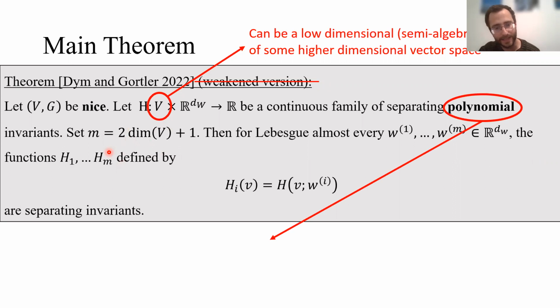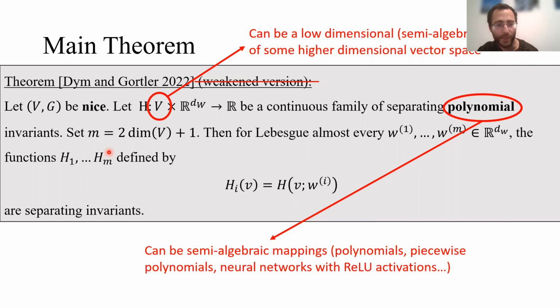Another thing is that we mentioned before that we sometimes don't like polynomials in particular. So we can also replace this with semi-algebraic mappings, which is a much more general term, which includes, besides polynomials, also rational functions, piecewise polynomials, in particular piecewise linear functions like neural networks with ReLU activation, stuff like that.